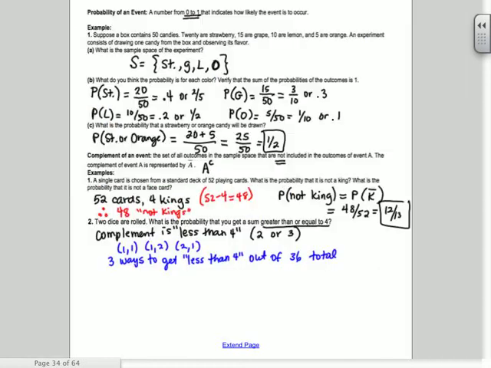So when we talk about the probability that our sum is greater than or equal to 4, it's everything else. So it's 33 ways out of 36. They're both divisible by 3, so you get 11 out of 12. Does that make sense?